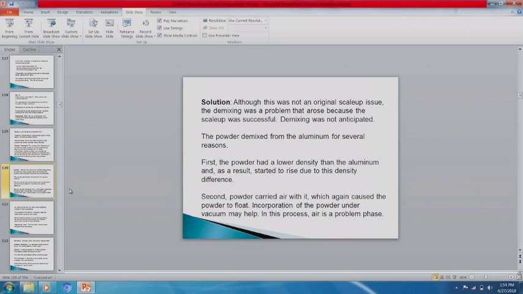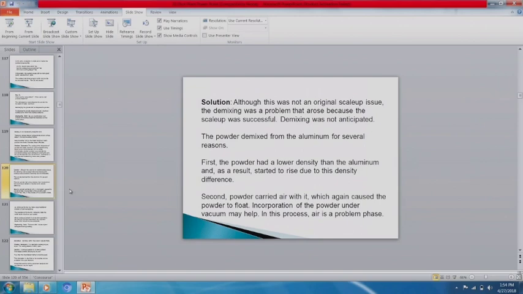Demixing from aluminum occurred for several reasons. First, the powder had a lower density than the aluminum and started to rise due to this density difference. Second, powder always carries with it, unless it's in a vacuum, some amount of gas. In this case, air, which caused the powder to float.